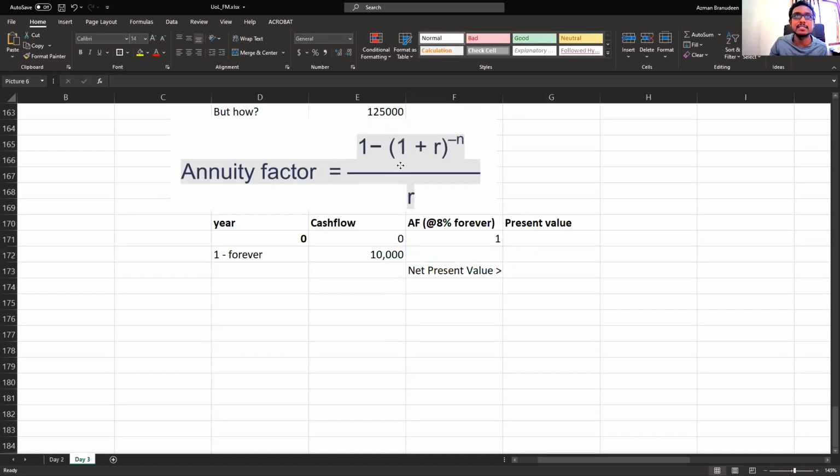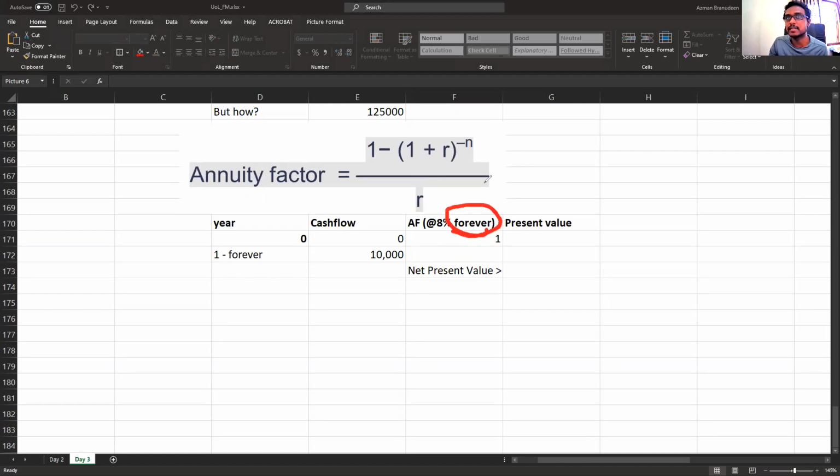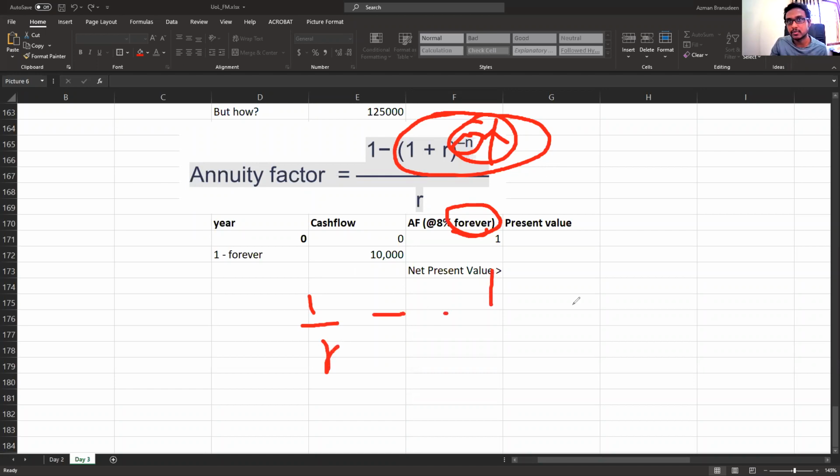I'll quickly explain what happens here. There's a small adjustment to the annuity factor. When this becomes forever, n will become very large. The actual annuity factor formula is 1 over r minus 1 over r into (1 plus r) to the power n.